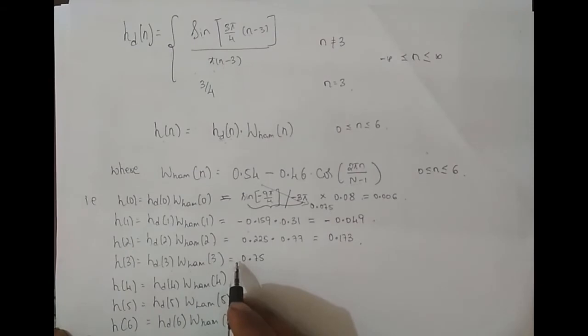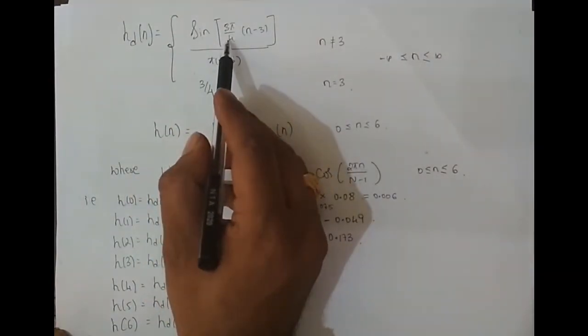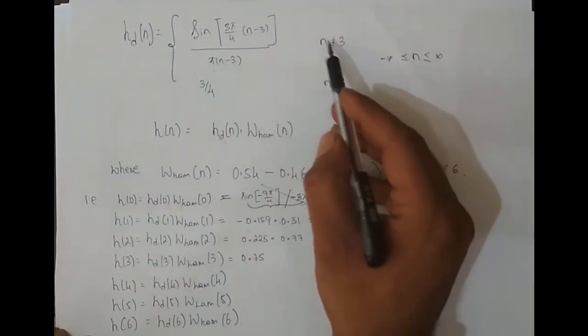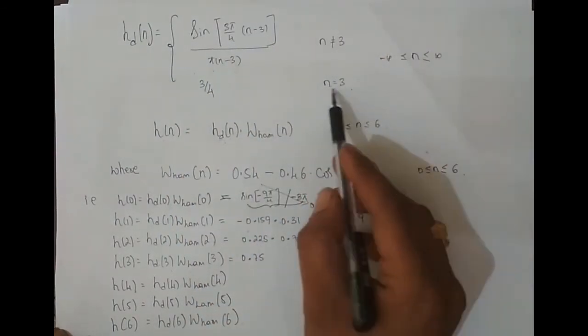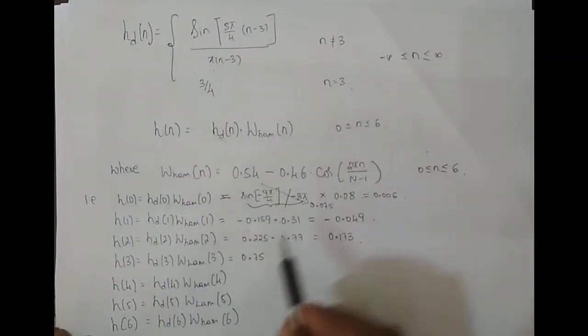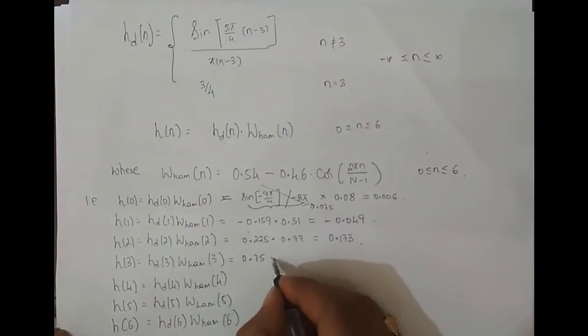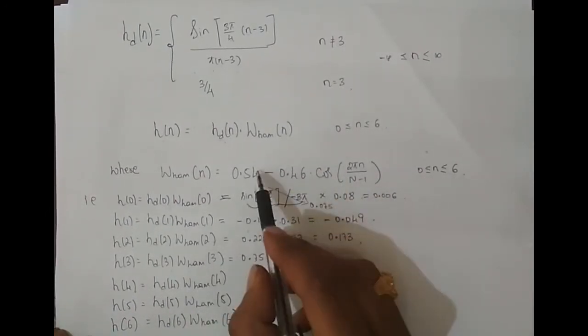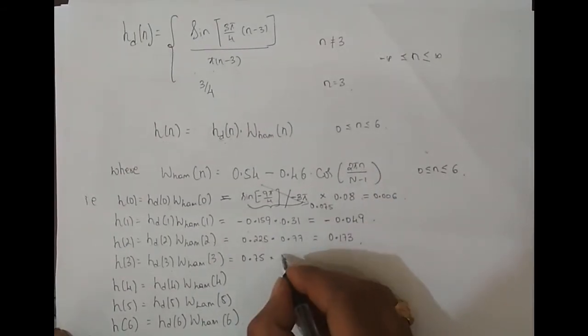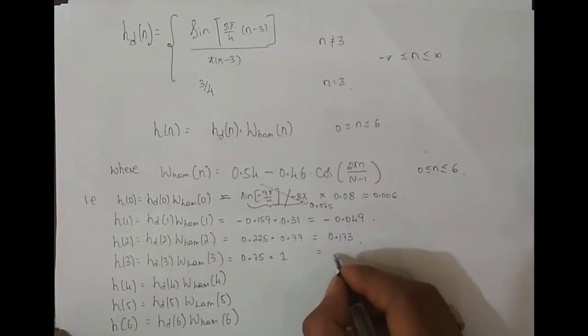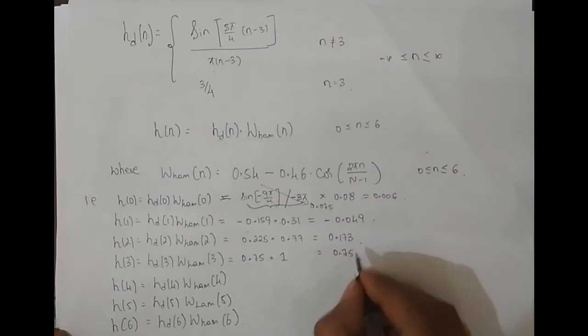So I cannot use this equation to find hd of 3. Why? Because this equation is for n not equal to 3. But when n equal to 3, what is that? It is 3 pi by 4, which is 0.75, into w Hamming of 3 for this equation, when n equal to 3, we get as 1. So this is equal to 0.75.